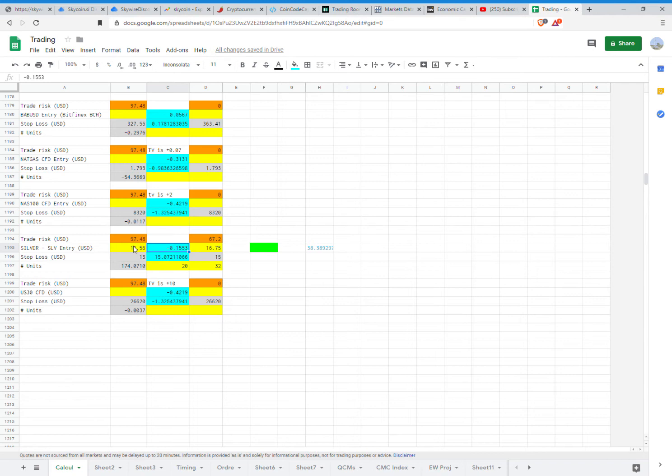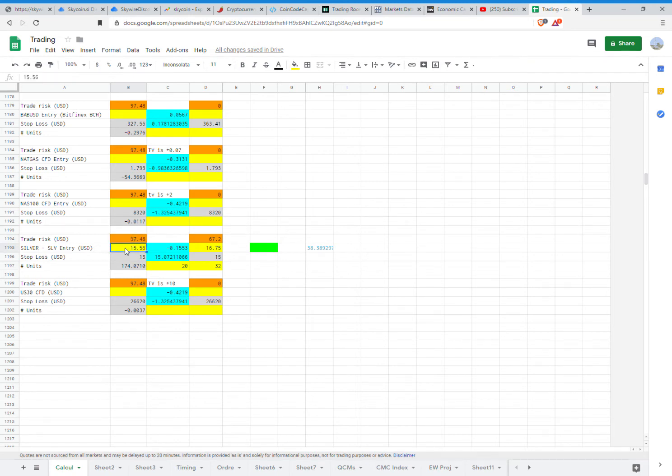And let's say through my technical analysis, I estimate that the right position sizing for my stop loss would be at $15. Okay, you have the calculation for these cells when you look into this. So this is my 1%.